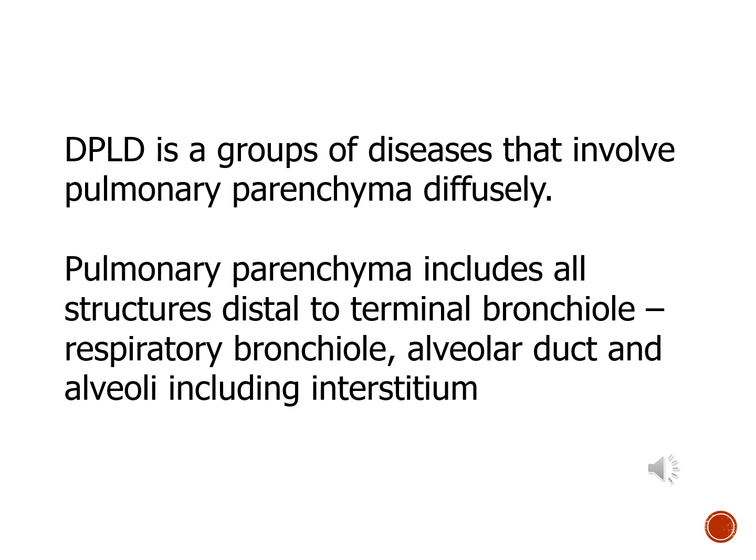ILD or DPLD is a group of diseases that involve bilateral pulmonary parenchyma diffusely. Pulmonary parenchyma includes all structures distal to terminal bronchioles. That includes respiratory bronchioles, alveolar ducts, and alveoli, including interstitium.